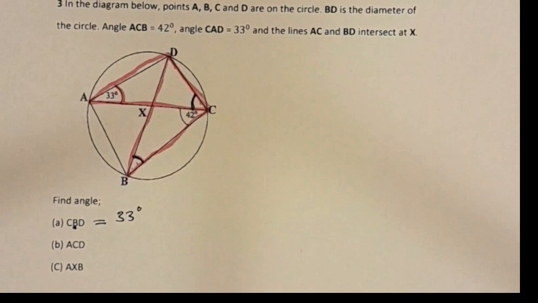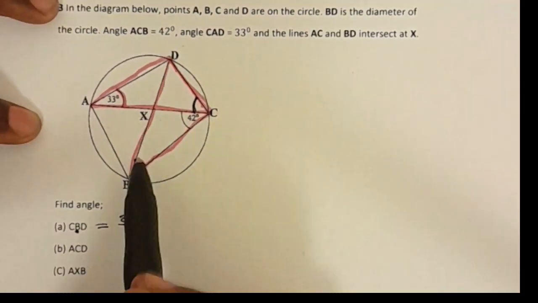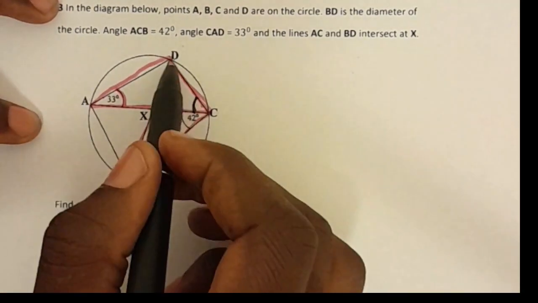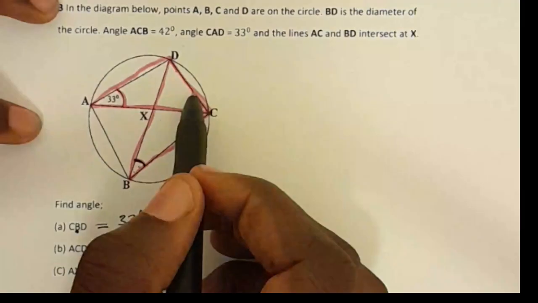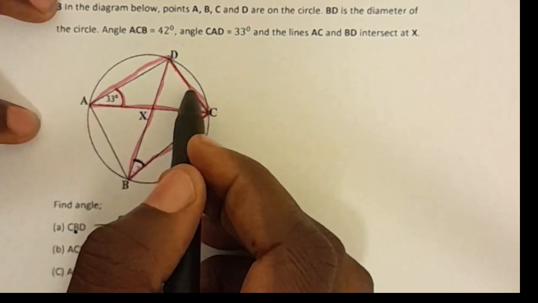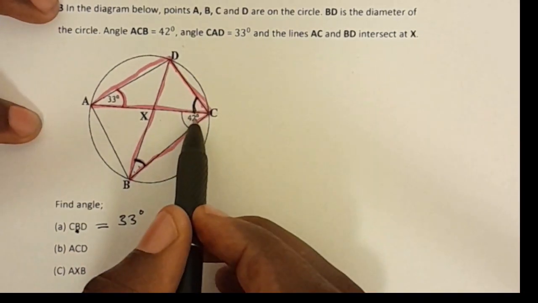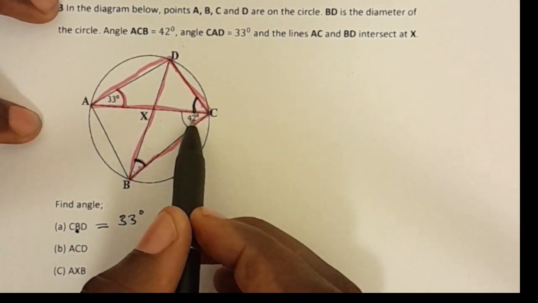Because BD is a diameter, the total angle formed here is 90, but out of 90, we have 42 degrees.